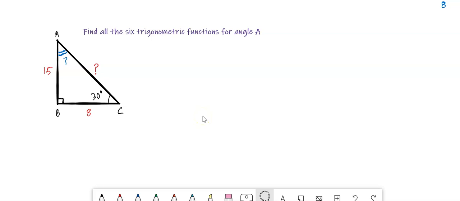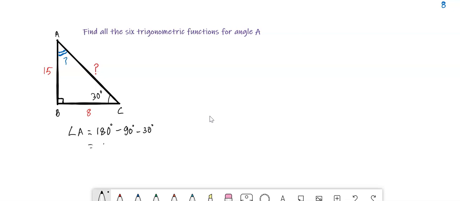Let's first find angle A. We can apply the angle sum theorem of any triangle: 180 degrees minus angle B, which is 90 degrees, minus angle C, which is 30 degrees.